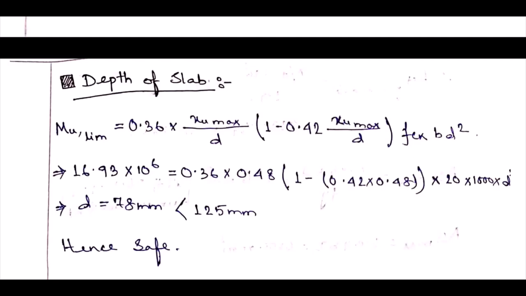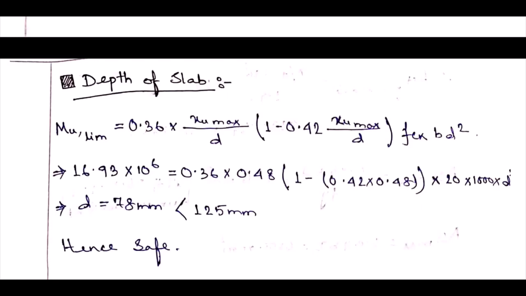This is 0.48 for 415 grade steel, within bracket 1 minus 0.42 into 0.48, that is, 0.48 is the value of xu max by d for 415 grade steel, bracket close into fck, that is 20, and b is 1000 because slab is designed as 1000 mm width of beam, into d.